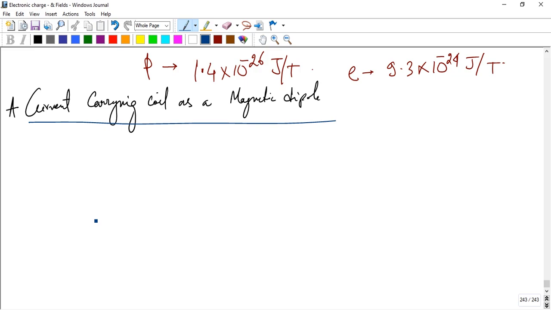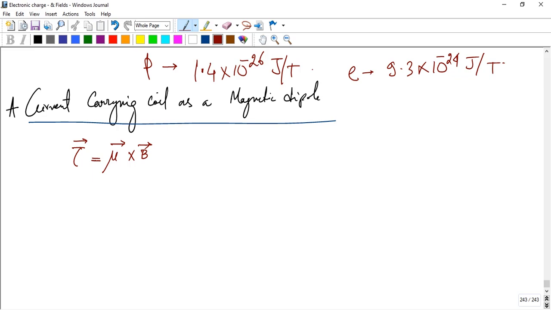Actually, you know that a current carrying coil produces a field, and such a coil behaves as a magnetic dipole. Here we know that tau, the rotating vector, is the magnetic dipole moment cross magnetic field. We derived this equation in the previous class.